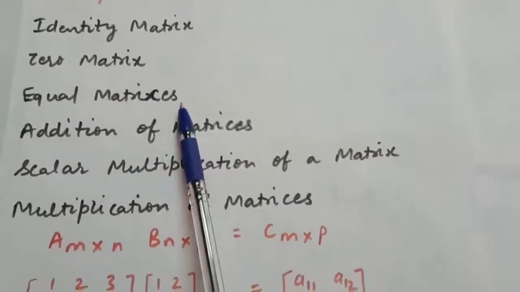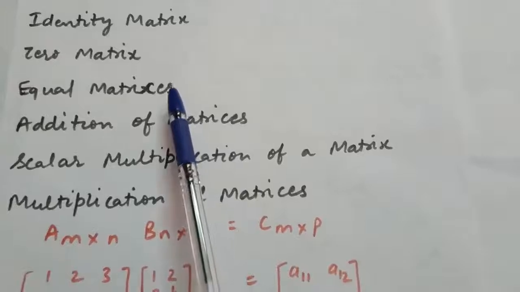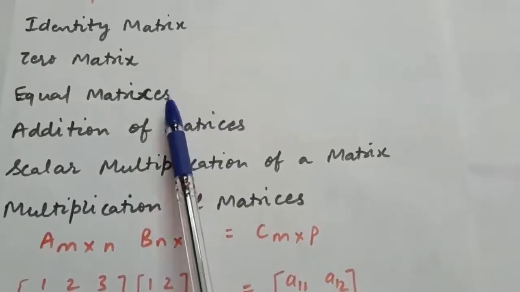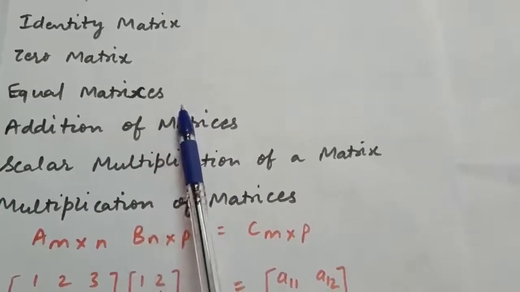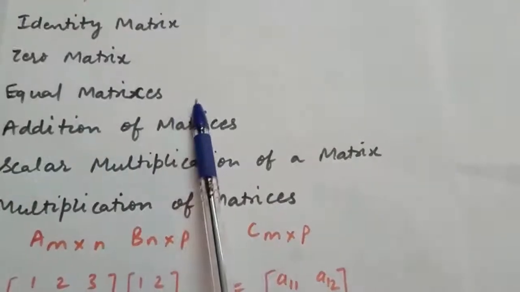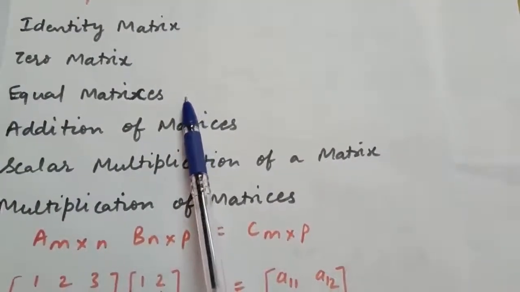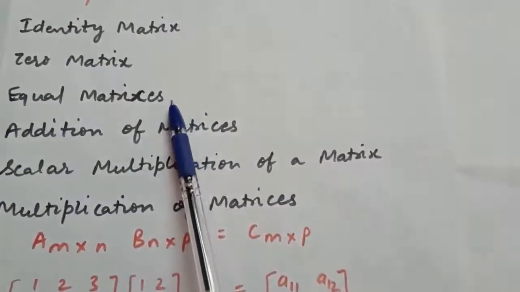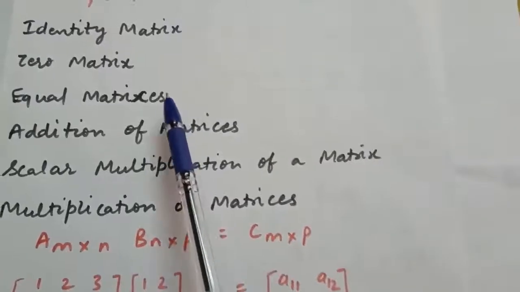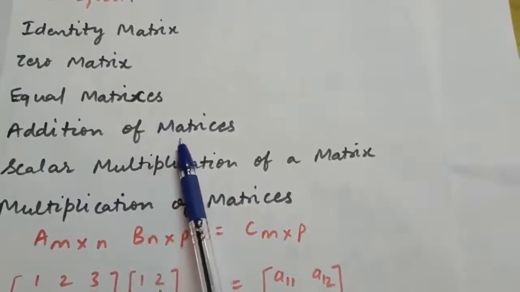Now, equal matrices. Two matrices are said to be equal if the order of the matrices are equal to each other and the corresponding elements are also equal to each other. Right? Addition of matrices.